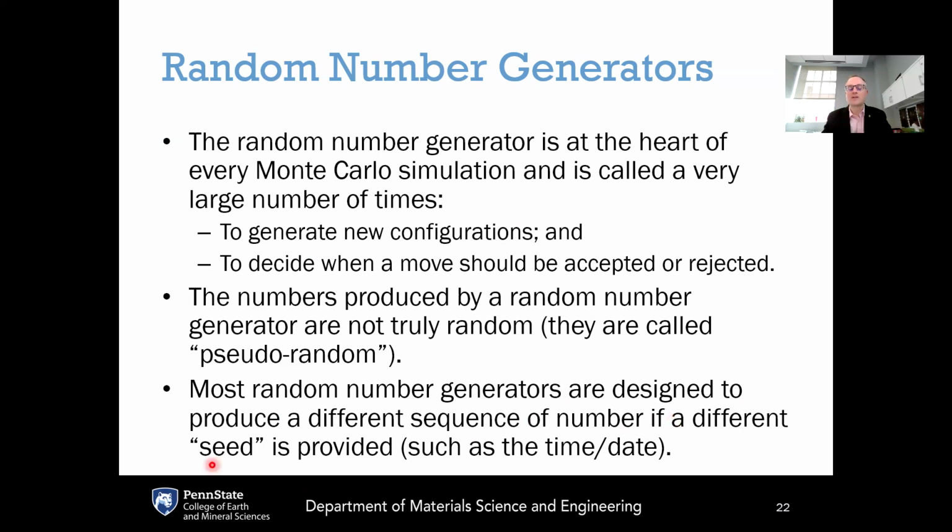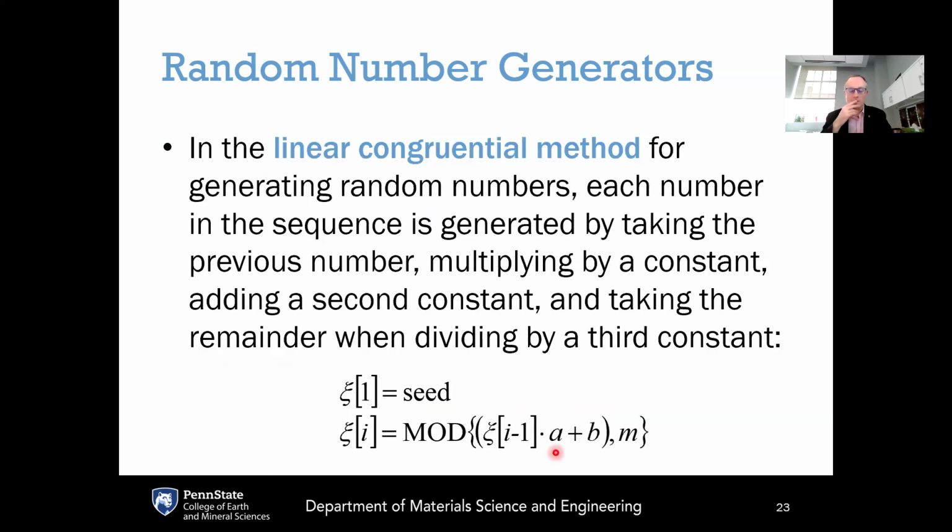Normally that seed is randomized by choosing something like the specific time or the date. If you take the system clock on the computer and use the time as the seed, then each time you run the program, you'll get a different sequence of pseudo-random numbers.